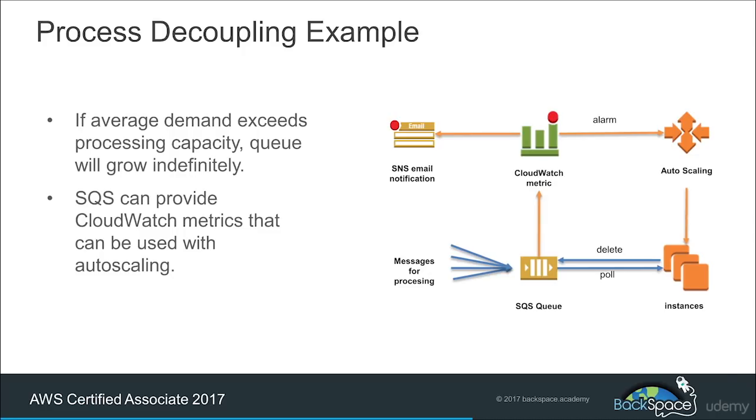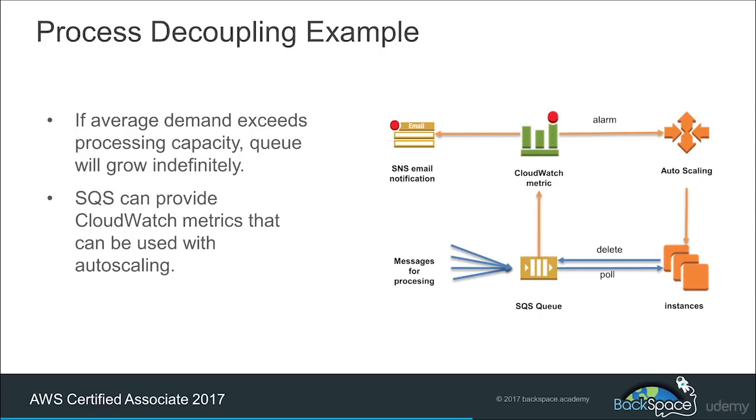The messages will come in, and if there's a big spike of messages, they will just build up in the queue until such time as the EC2 instances can go through and process those. The way they would do that is that the EC2 instances would poll the queue to see if there are any messages in the queue, process those messages, and then after finishing processing a message, delete it from the queue. And so all of a sudden we can handle these irregularities in our demand without crashing our EC2 instances.